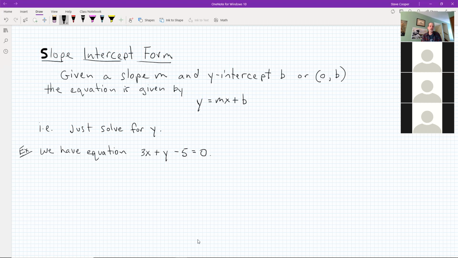Okay, so our job is going to be to rewrite this into slope-intercept form, this form we've just learned up here. And then we're actually going to graph the line as well.